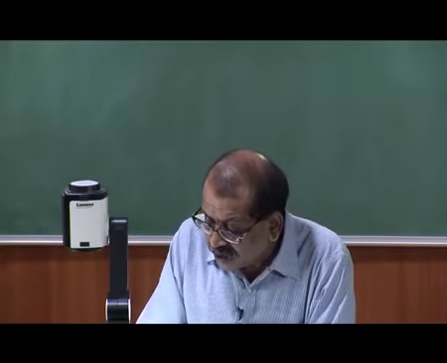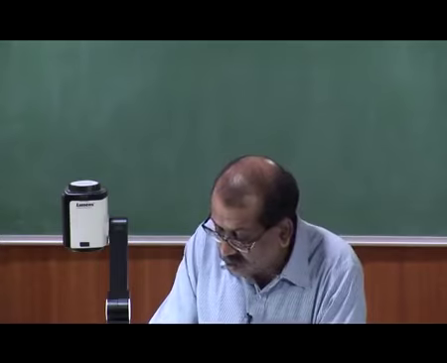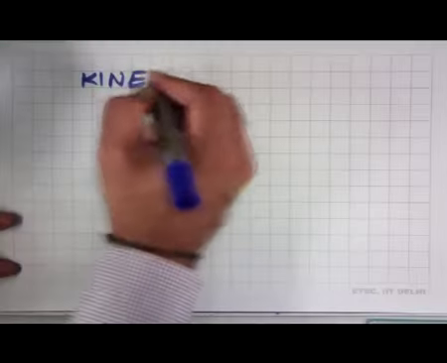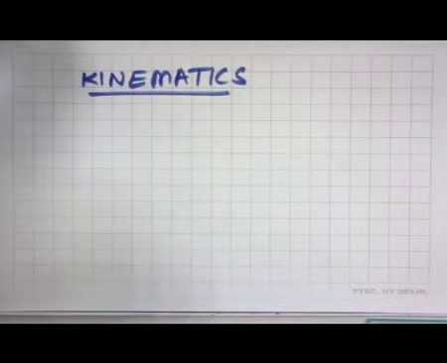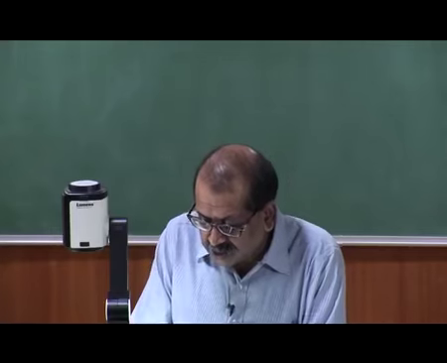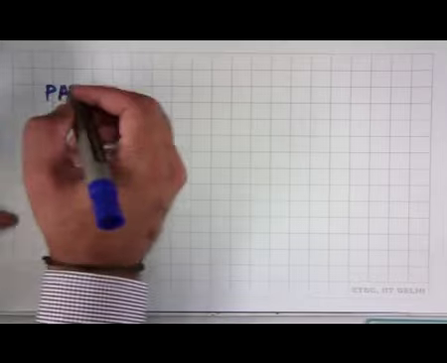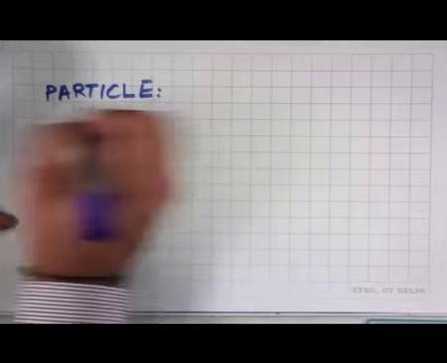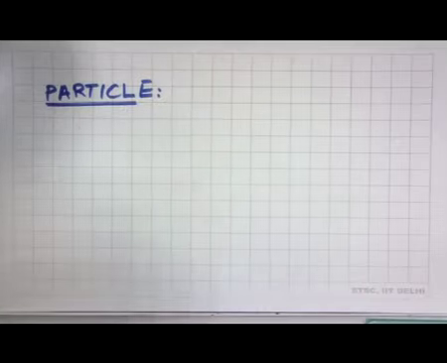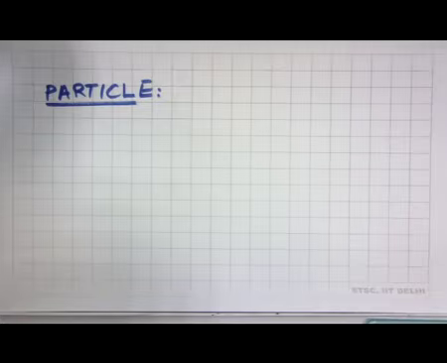Now we come back to mechanics and physics, and we talk about kinematics. Let us start with the definition of a particle. In our initial discussion on mechanics, we call it particle mechanics.